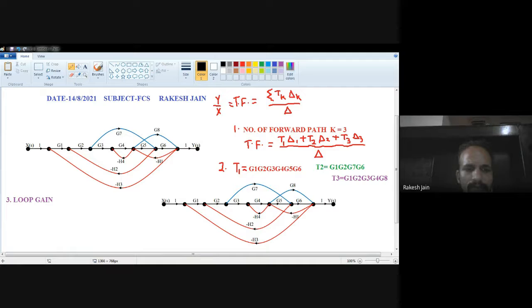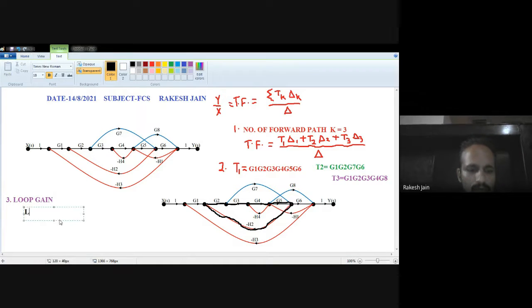Definitely, it will be the first loop. Anyone can be considered as first loop and anyone can be considered as second loop. Don't be confused, but the total number of loops will be the same. So G2, G3, G4, G5 and H2 with negative sign. This one is the first loop.